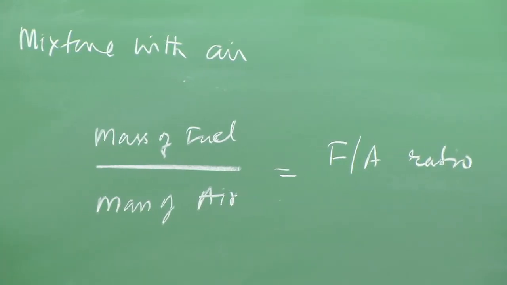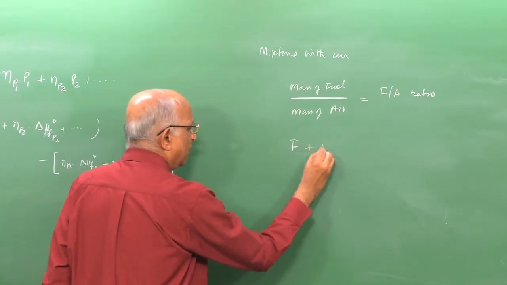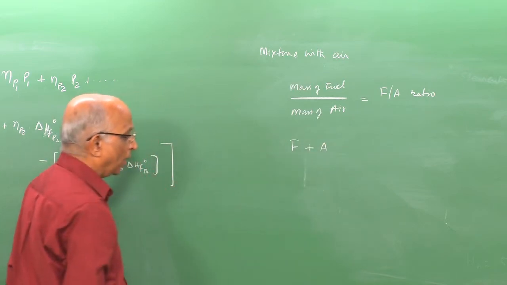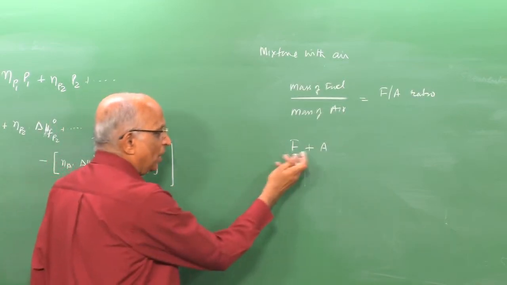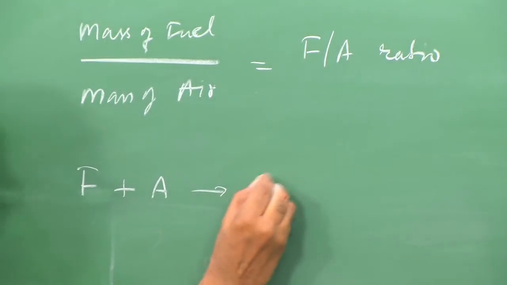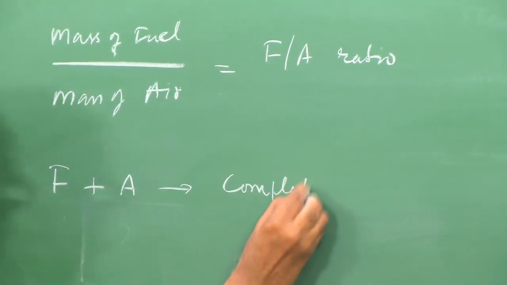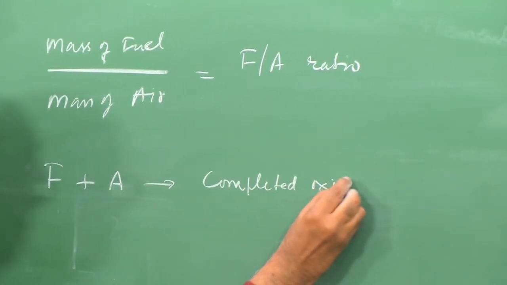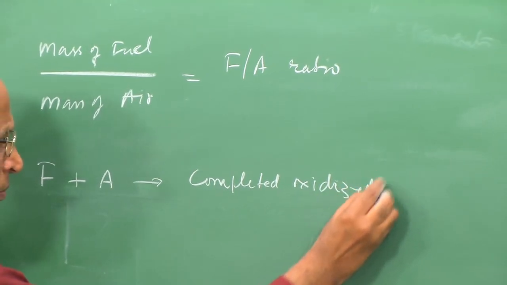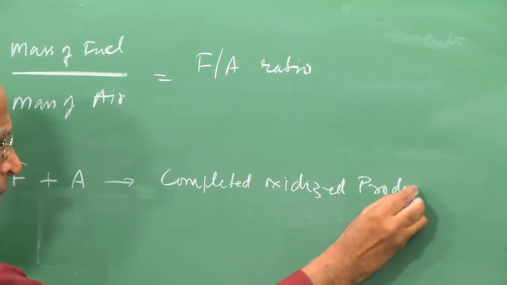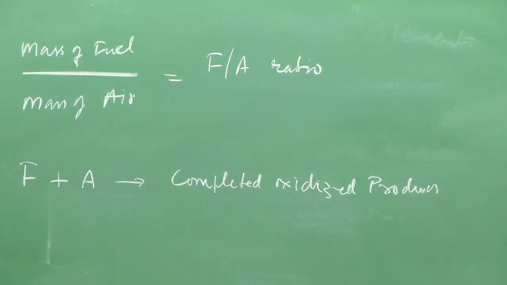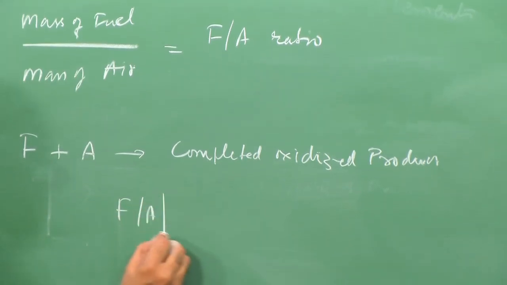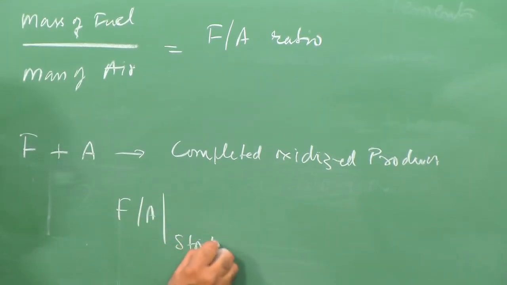I could have a fuel reacting with oxygen in any proportion I want. I could also have fuel and oxidizer which gives completely oxidized products of combustion, in which case I say this reaction is stoichiometric. Therefore, I can also determine a fuel to air ratio for a stoichiometric reaction.